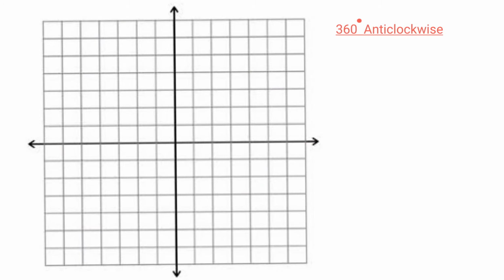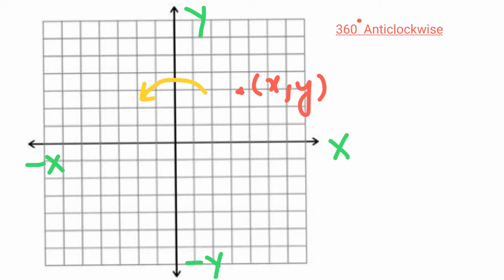Next we have 360-degree anti-clockwise rotation. The point we have is in the first quadrant. The point is x comma y. Let us mark the axis. So this is x, minus x, y and minus y. Now if I do a rotation of 90-degree, I land up in the second quadrant.